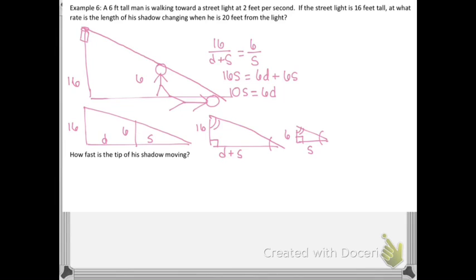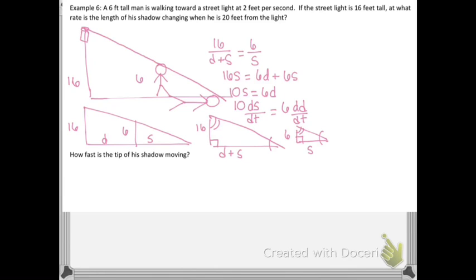Now, we don't have anything that we can plug in that's remaining constant because as he's moving toward the street light, both the shadow length and his distance from the street light are changing. So we're differentiating without plugging anything in. Taking the derivative of the left, the derivative of S with respect to t is ds dt. And differentiating on the right, we get 6 dD dt.